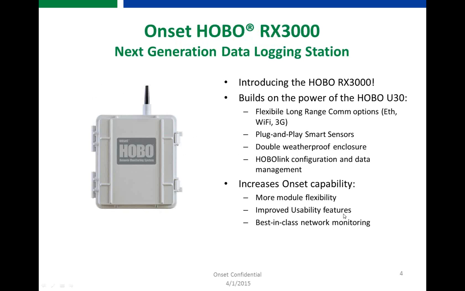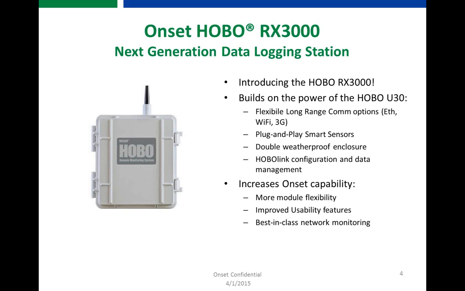Okay, so here it is. Here's the RX3000, and for those of you that are comfortable and familiar with the U30, it might look a little bit the same from the outside. You'll notice an antenna on the top of the picture here. The RX3000 really is a platform that builds on the power of the U30, and what that means is that some of the features that you've loved for so long of the U30 are still in play with the RX3000.